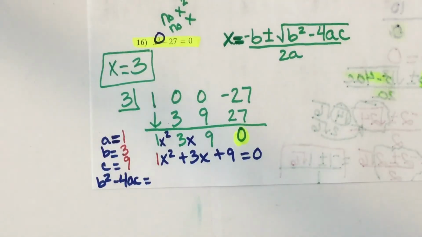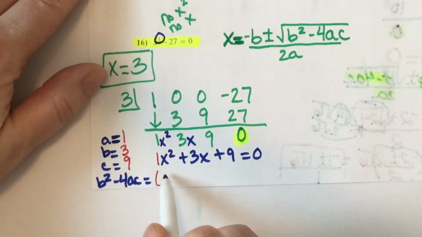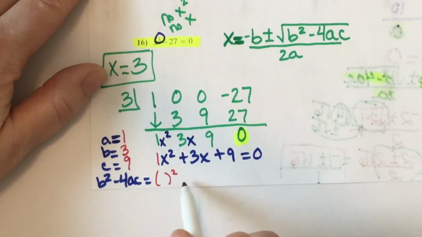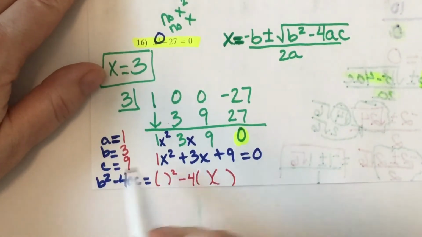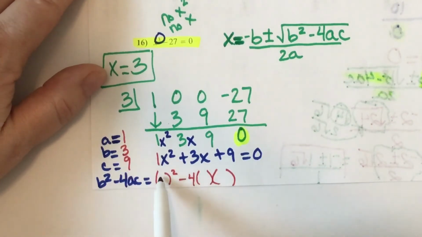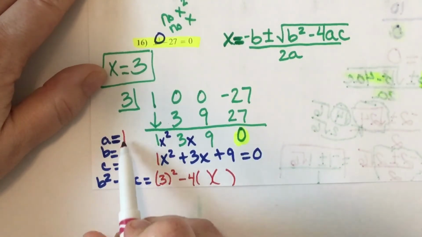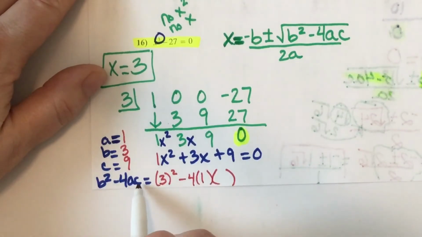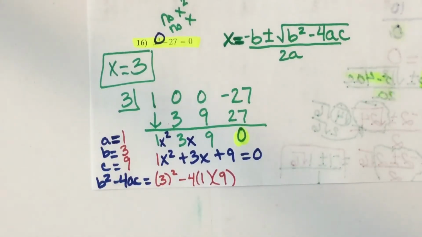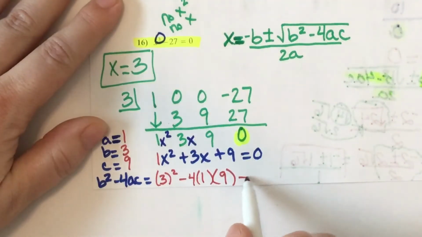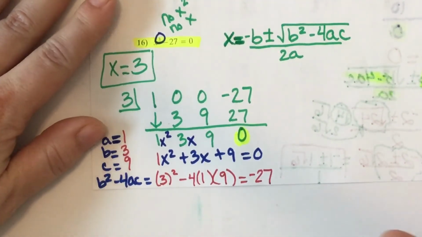And then b squared minus 4ac. Remember, you'd have parentheses for the b, parentheses for the a, parentheses for the c. So in place of the b, you'd put a 3. In place of the a, you'd put a 1. And in place of the c, you'd put a 9. Okay, I'm not going to bother showing you my calculator, but when you do that, you get -27.